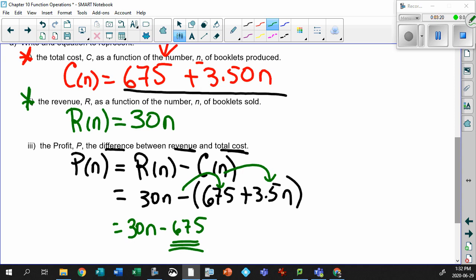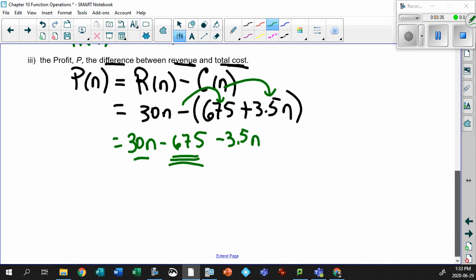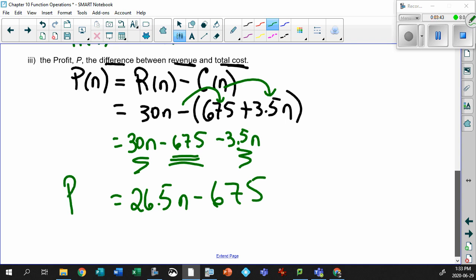That's a lot of money. That's not even printing one booklet or selling one booklet. That's $675 to start. Ouch. Okay, minus 3.5N. Combine like terms. That's this guy and this guy to give you 26.5N minus 675. There's your profit.